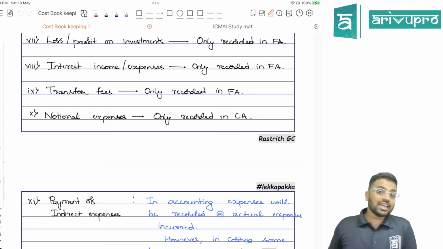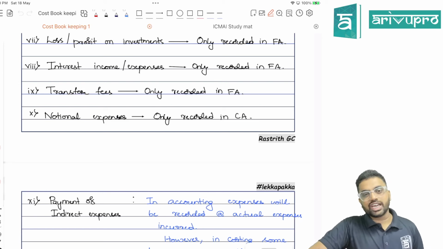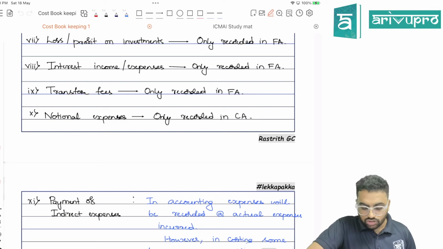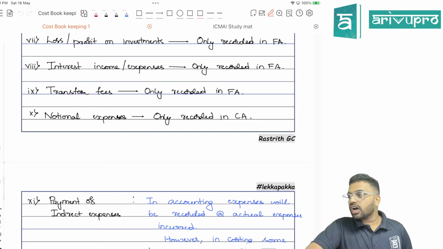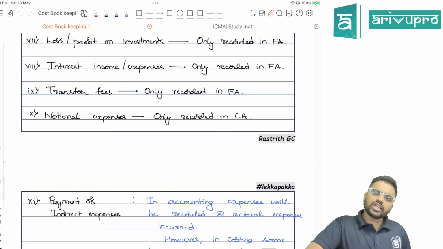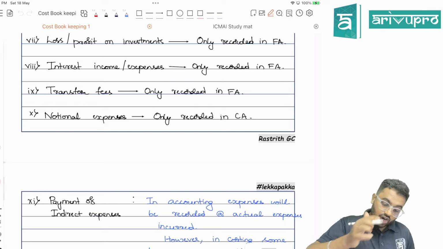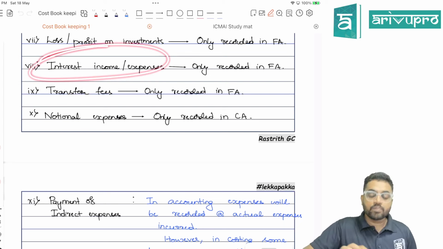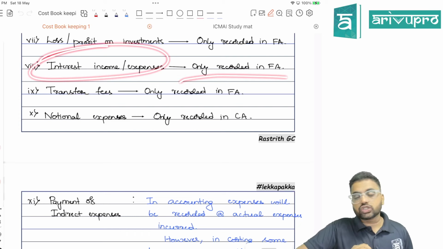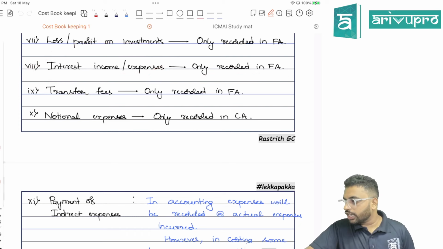But other than machine and all, that your FD, shares, debentures, etc. that you will invest in, those are pure financial items. So whatever return you get from that is also a pure financial item. You can't show it as sale of material. It will be an interest income. So all those things won't form part of your cost accounting. They will only be recorded in the financial accounting, sir.